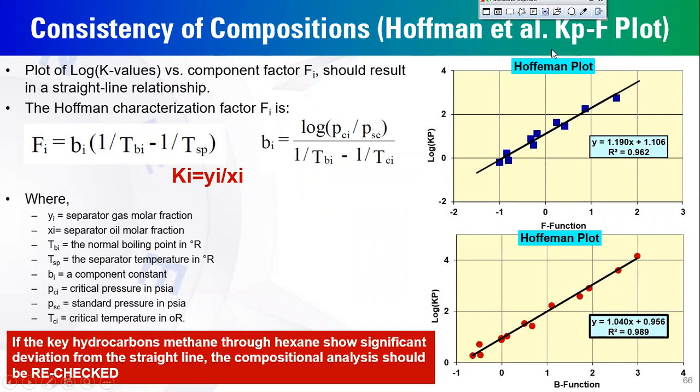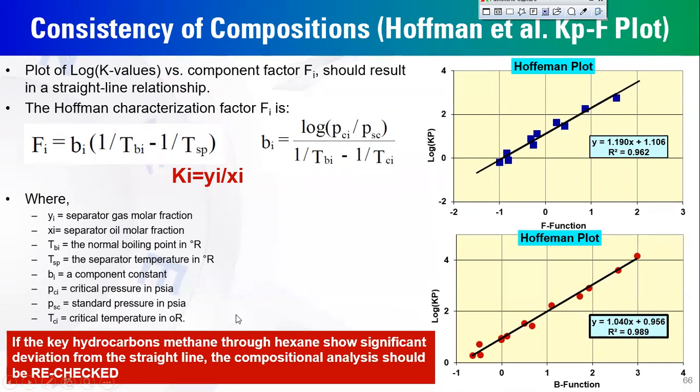This is an actual PVT sample. We have a straight line with a good fit for this line, 0.96, and in another sample we have a higher quality using the QC with the Hoffman plot.